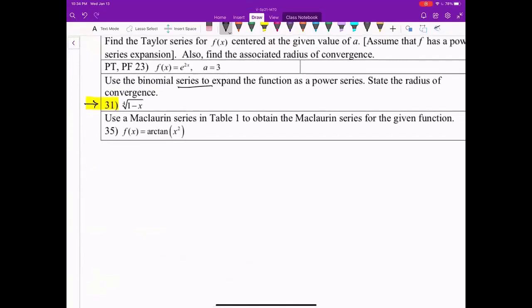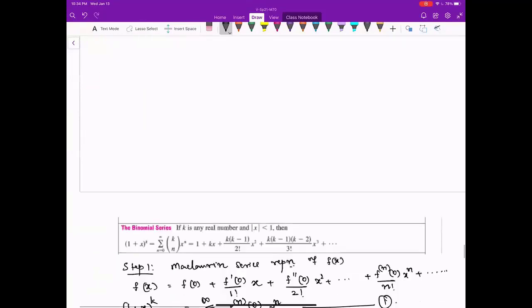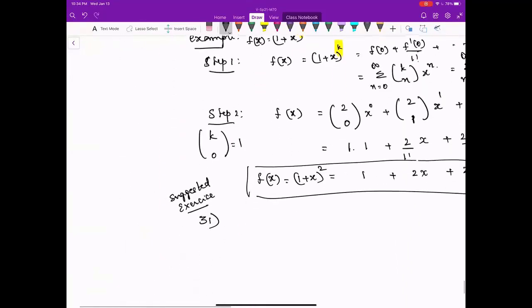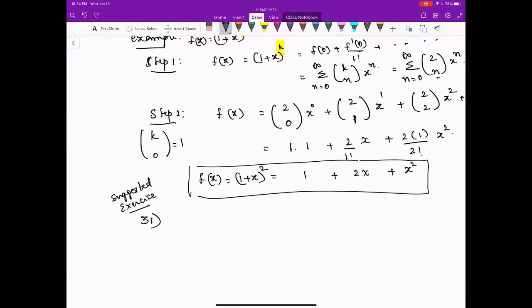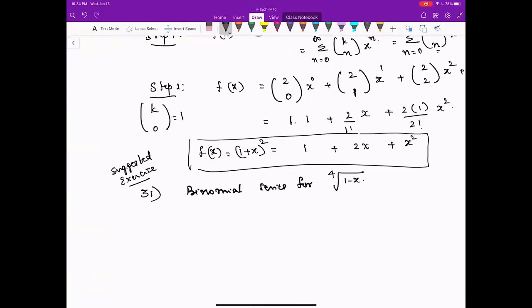Use binomial series to expand the function as a power series. It's the fourth root of 1 minus x. So step 1 is to write the fourth root of 1 minus x as 1 minus x to the power 1/4.